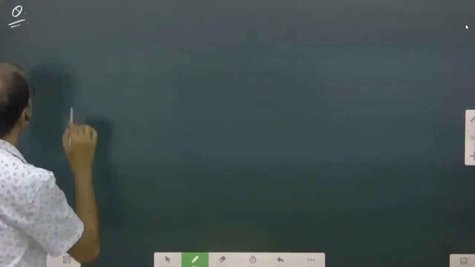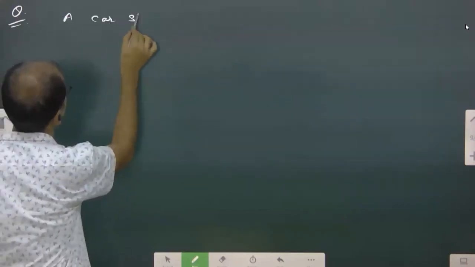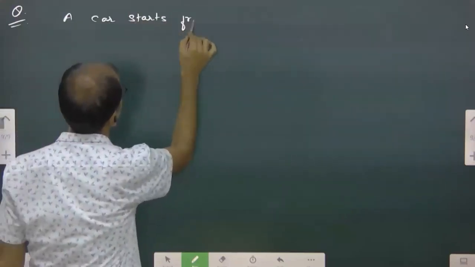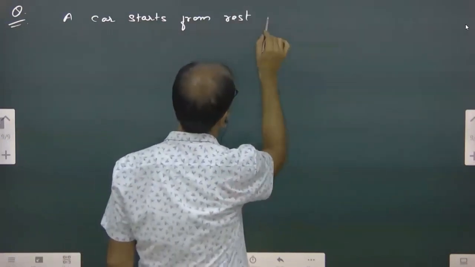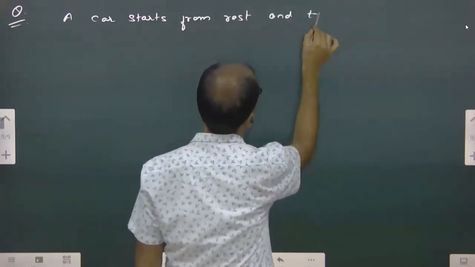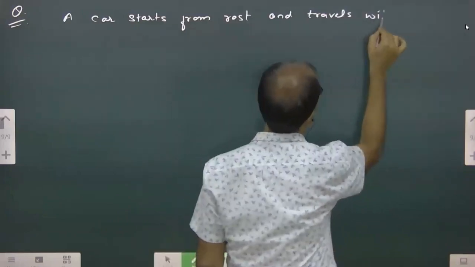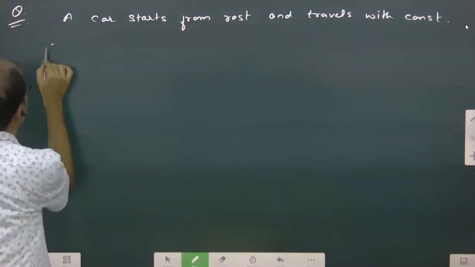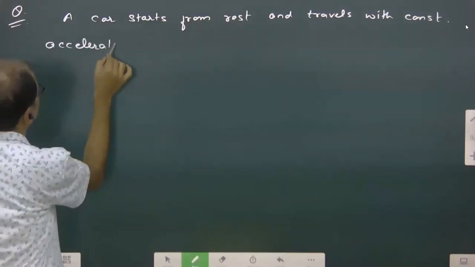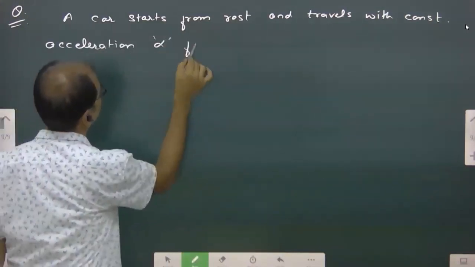What it is: a car starts from rest and travels with constant acceleration alpha for time t1.